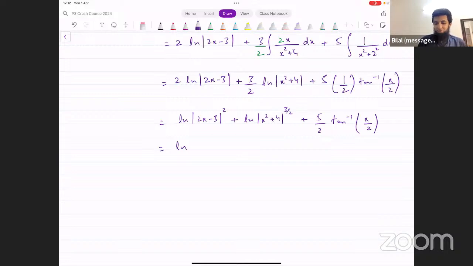Then we use the multiplication rule, right? This is addition outside log. Inside log, it becomes multiplication. Okay, so what do you get? This gives you 2x minus 3 whole squared into x squared plus 4 whole raised to the power 3 over 2.